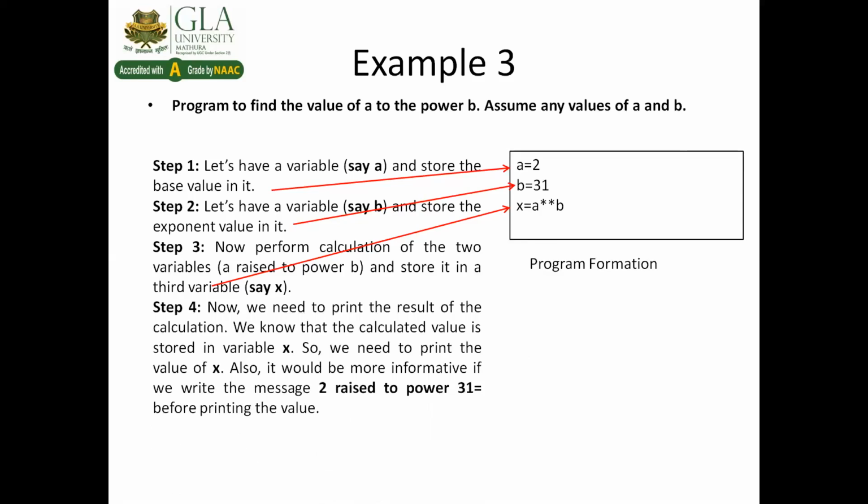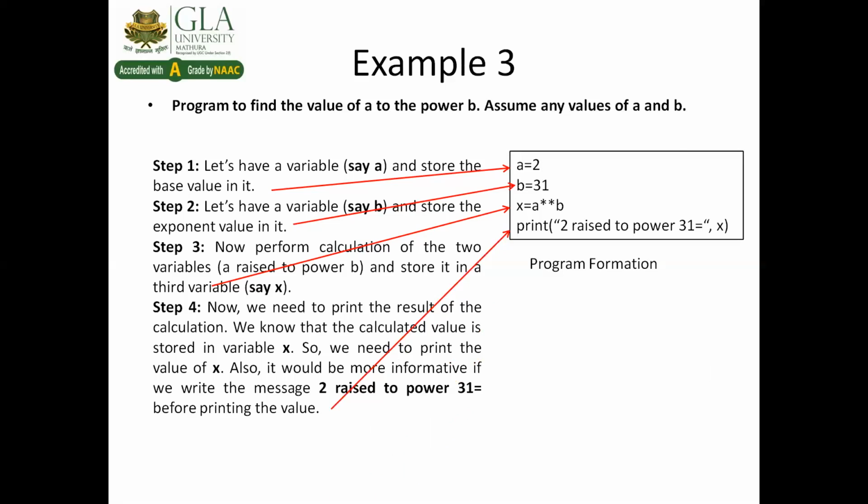Now we need to print the value of the result, and we know that the result is stored in the variable x. So we are going to print the value of x. But just printing the value of x would not give me a correct and informative result. In order to make it more informative, I will write "2 raised to the power 31 equal to" in double inverted commas, so that in the output the user may understand what this output is related to.